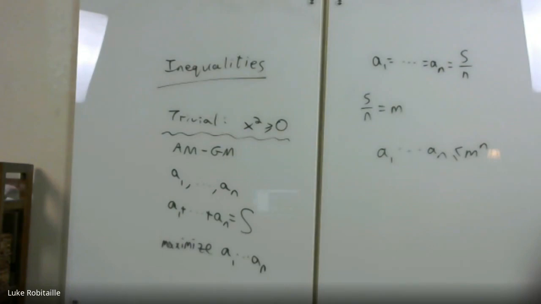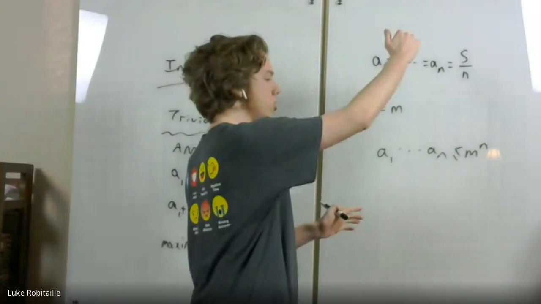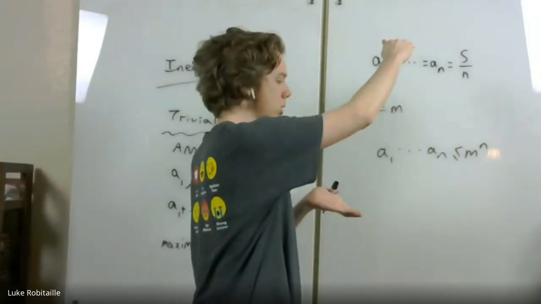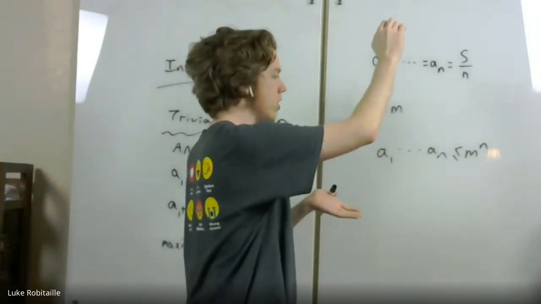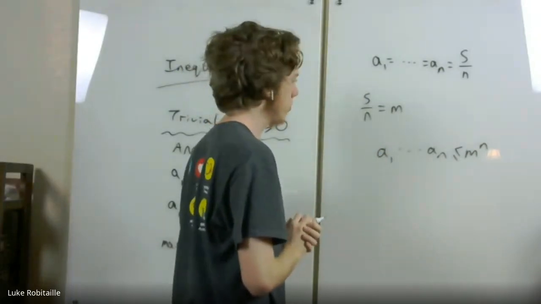What we're going to do is use a nice idea that shows up in various inequality problems, where you move the variables around to improve what you're trying to show. Among the a_i, we're going to take the largest one and the smallest one and move them closer together without changing their sum.